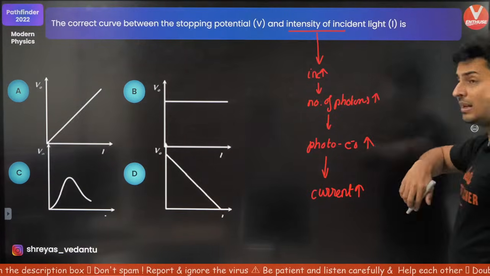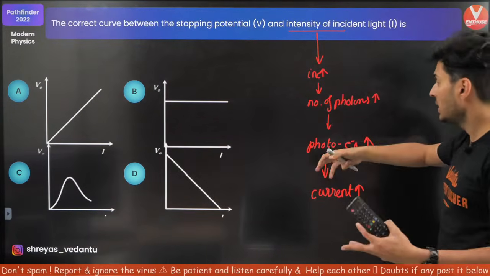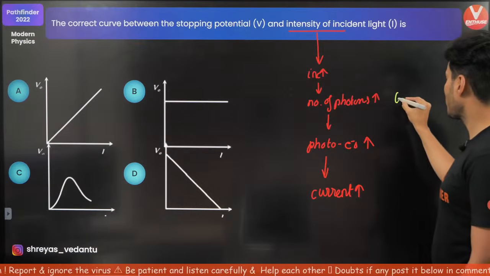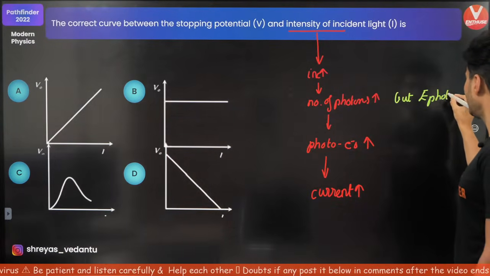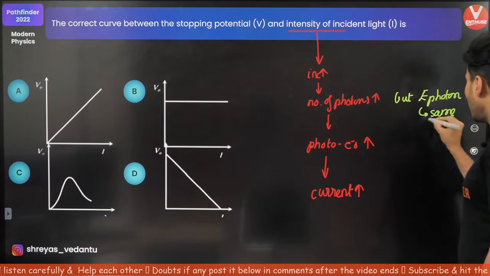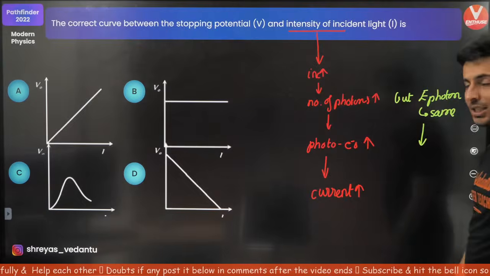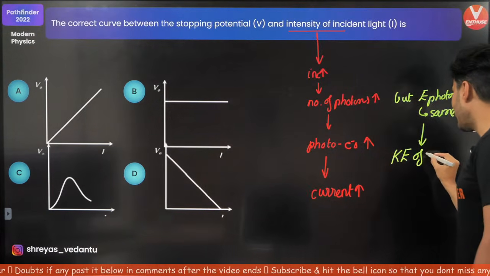But what will not change is, when you increase the intensity, the number of photons increases, but energy of the photon is still the same. If the energy of the photon does not change, why will the kinetic energy of electron change?